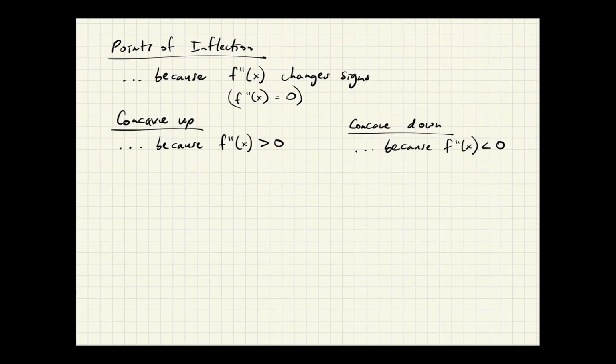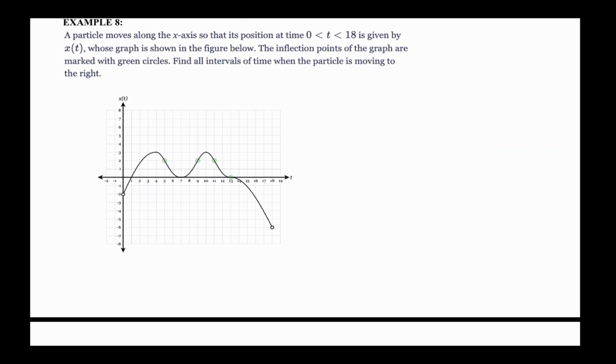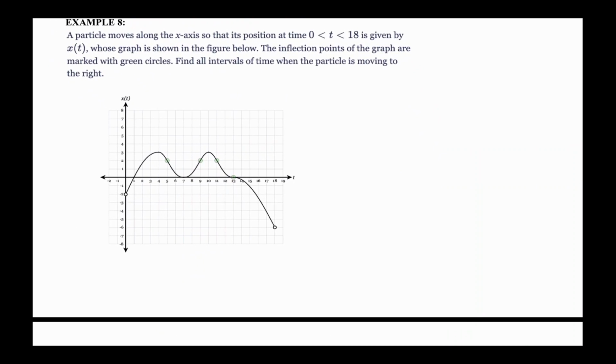Where is acceleration negative? That's concave down. Where is acceleration positive? That's concave up. So this lesson and that lesson are like the same lesson, just using different terminology. That's it. Okay? All right, let's do example number 8. Let's look at another graph.